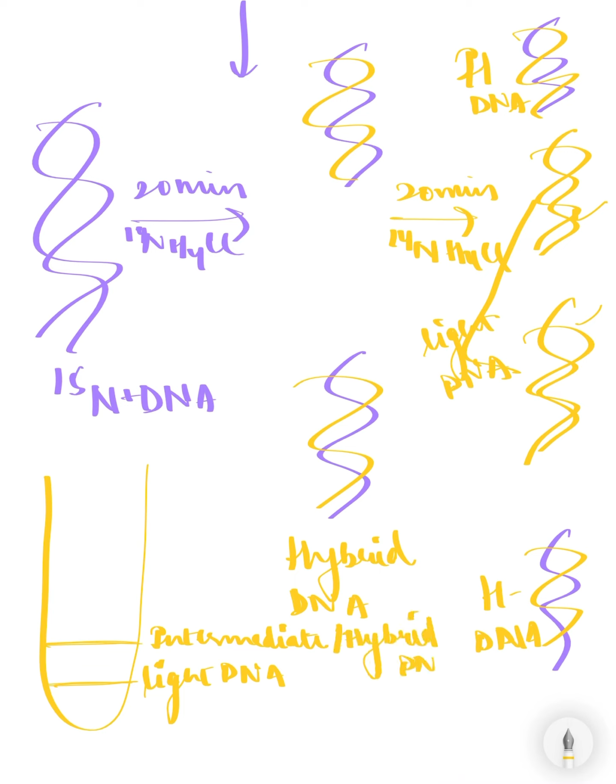And here we'll have the light DNA. I'm sorry, this is the heavy DNA, because in gravity we'll have the heavy DNA over here. So this is the heavy DNA, this is the intermediate one, and this is the light DNA.